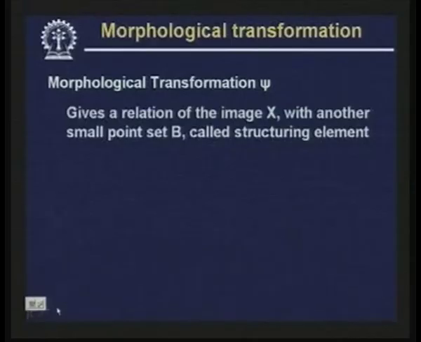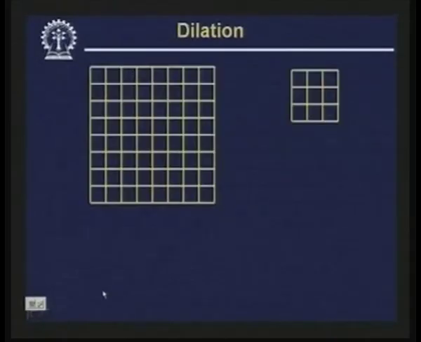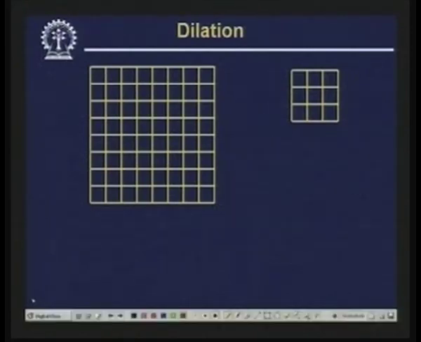Now, first let us see what we mean by this dilation operation. So, let us take an image say like this. Say I have a binary image which is represented by these points. These are the points which belong to the binary image.